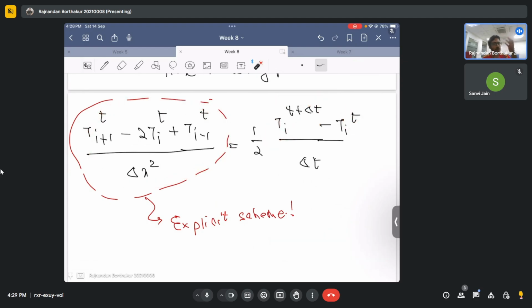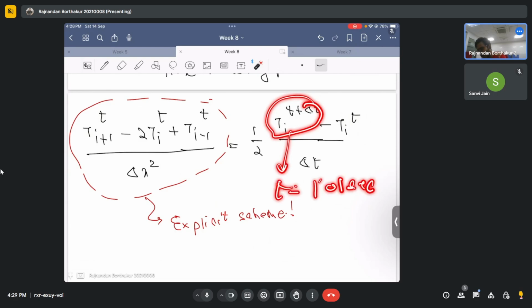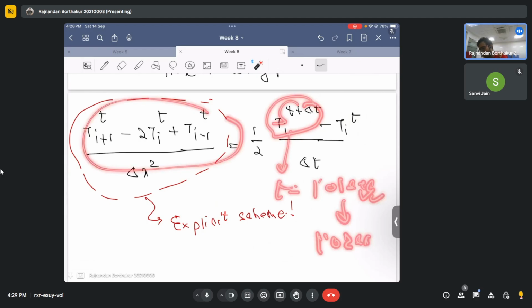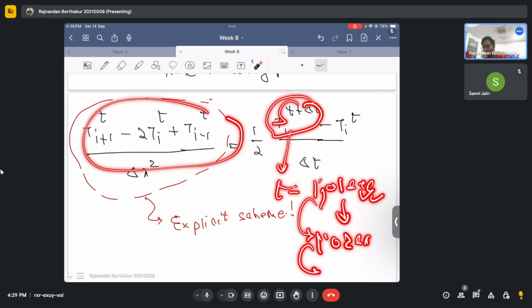How? Because at t equal to 0 seconds, we know that the entire rod is at some T infinity. Similarly, in this way, you can determine the temperature at, let's say, 1.01 seconds. Now, if you want to determine it at 1.02 seconds, you already know the temperature of all these things at 1.01 seconds. So in this way, you are just marching from one time step to the other time step.